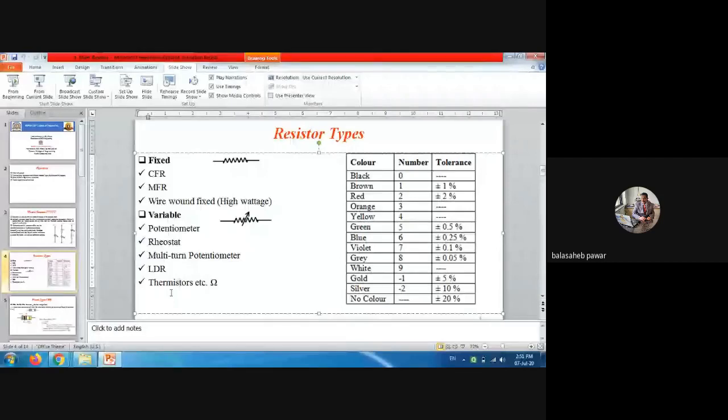Negative temperature coefficient means that by increasing temperature, the resistance of the thermistor decreases, and vice versa. That is NTC. Positive temperature coefficient means that by increasing temperature, its resistance also increases, and vice versa. In short, that is PTC. Okay.